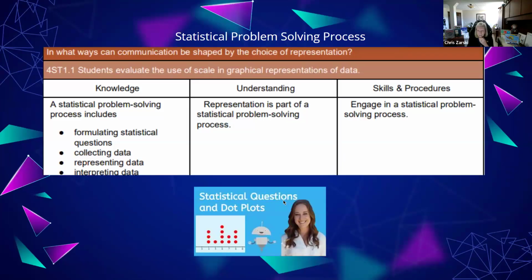So stats is all about asking questions and collecting information. And the older the students become and move their way through statistics, the more they're going to start to collect, and the more refined they're going to be about what they're collecting. So as they get older, we also want them to be quite cognizant of, are you asking a question that might be biased?